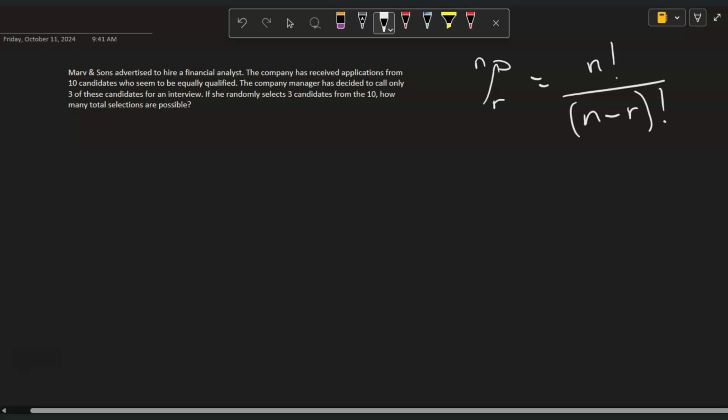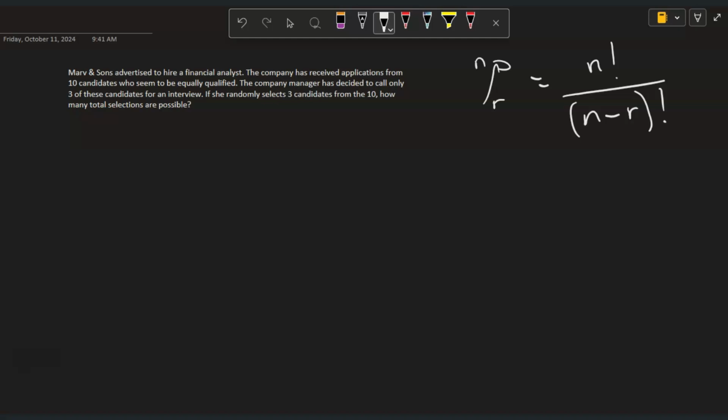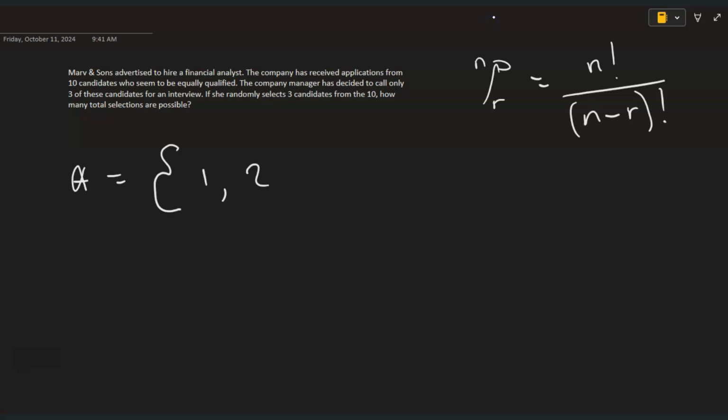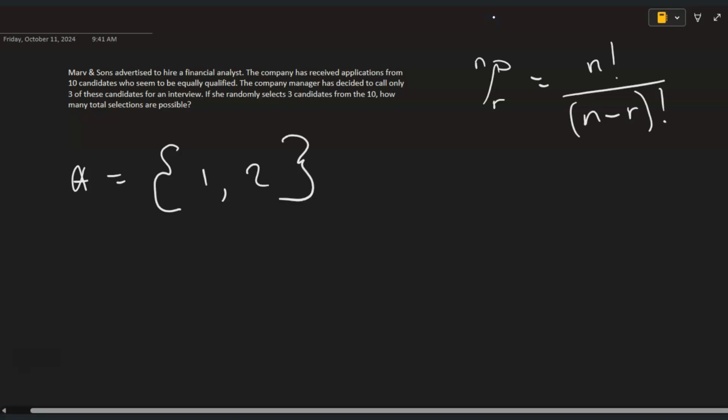Now under combination, we are saying that given a set A that has 1 and 2, and a set B that has 2 and 1.